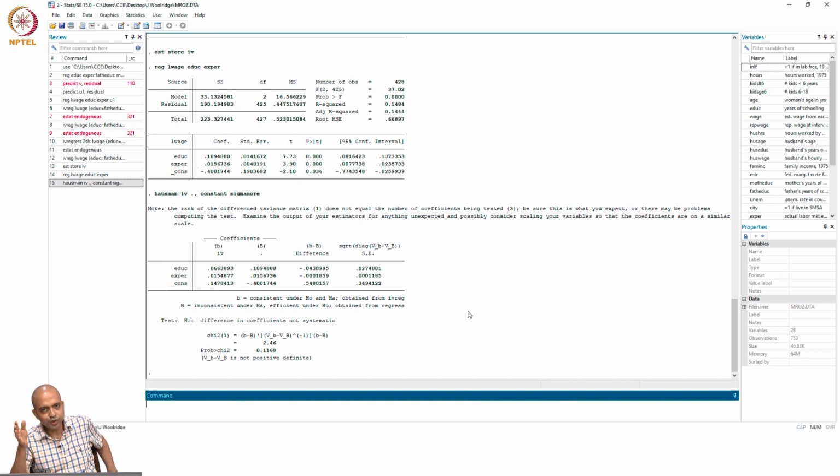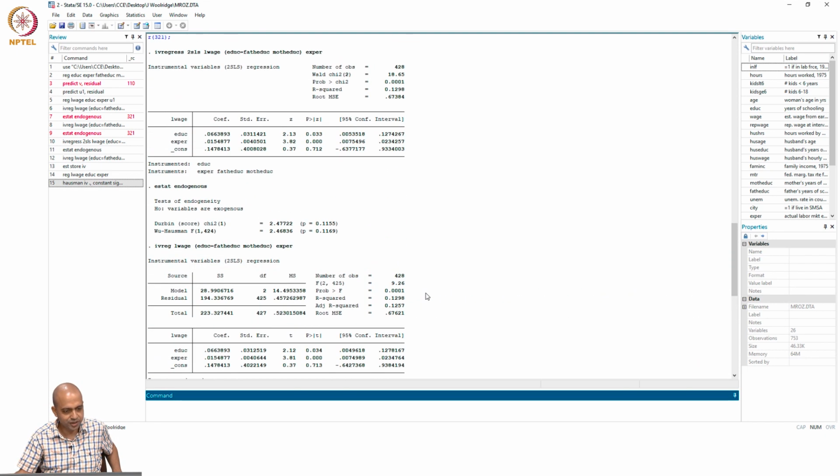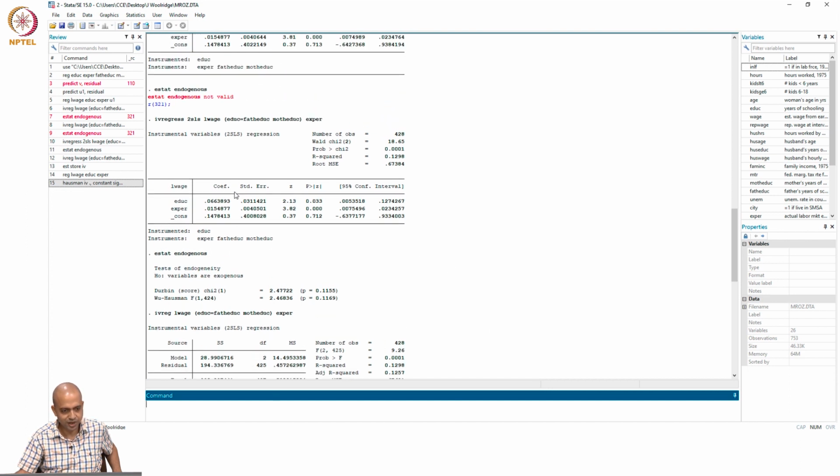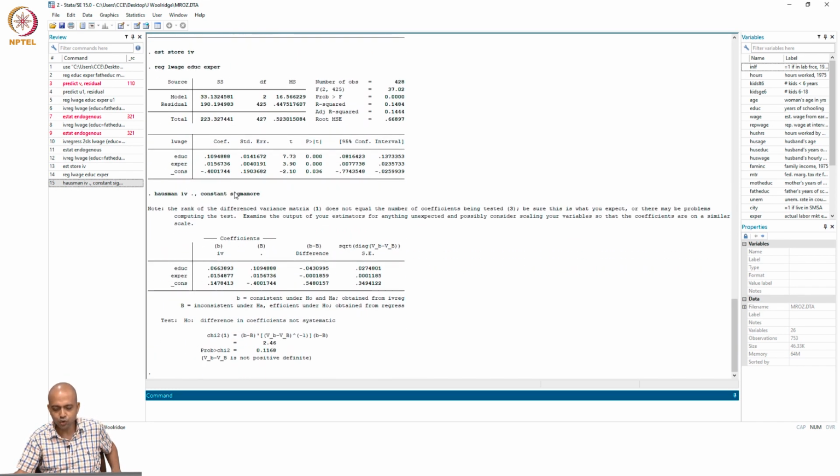So, either we can do it manually, or manually generally we do not do it, we will simply use this estat endogenous command. Where is the estat endogenous? If you look at, this is the command, estat endogenous, okay.